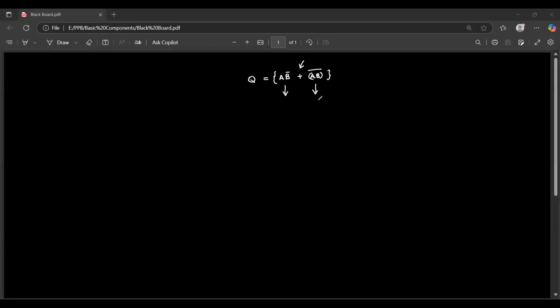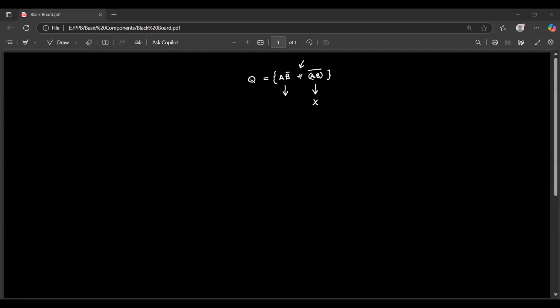It looks like a correct one, but it is not, because in SOP form a single bar cannot be extended over more than one variable. So this is not in the sum of products form.